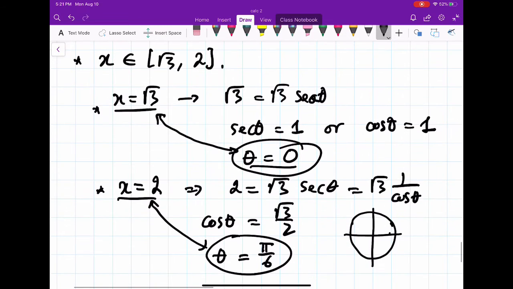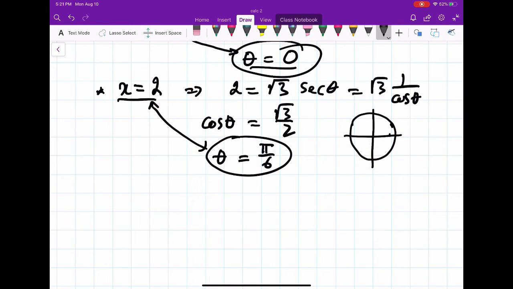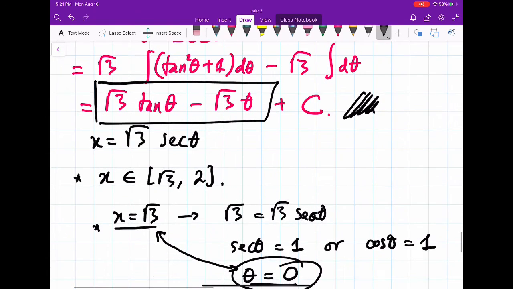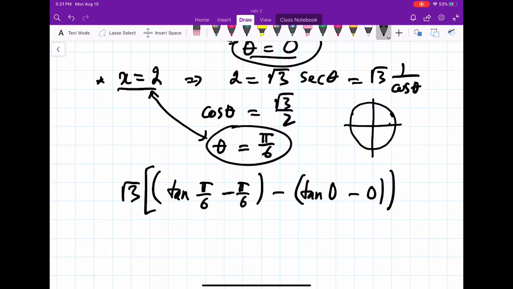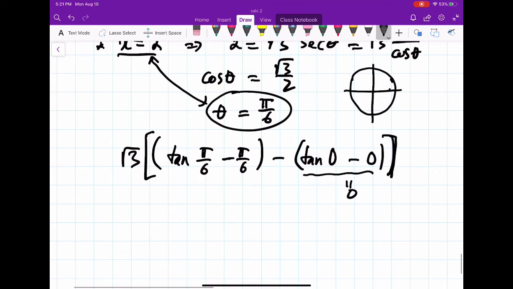So I have square root 3 tangent of pi over 6, and here minus pi over 6, minus tangent of 0, minus 0. Tangent of 0 is 0, so we have square root 3 tangent of pi over 6 minus pi over 6.